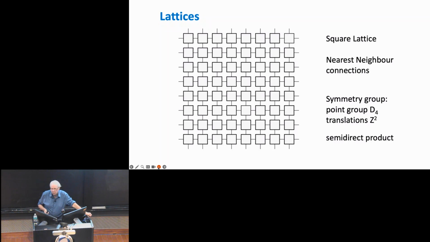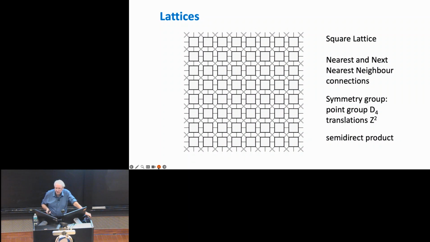The symmetry group of the square lattice is essentially D4: fix a point, and you've then got the dihedral group of order 8 of rotations and reflections, and then you've got the translations of the lattice. That's the symmetry group of the whole lattice. It's a semi-direct product, and symmetry groups are going to be the main theme of this talk.